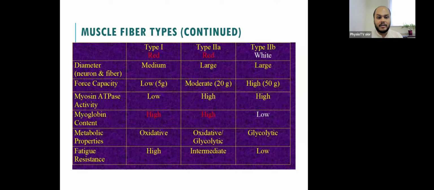The myosin ATPase activity is low in these muscle fibers, whereas in your fast or intermediate muscle fibers, it's high. The myoglobin content is exactly the reverse. It is high over here and low in the fast muscle fibers. The metabolic properties are more oxidative in nature.